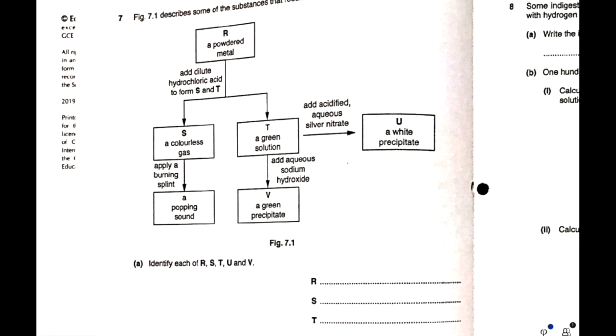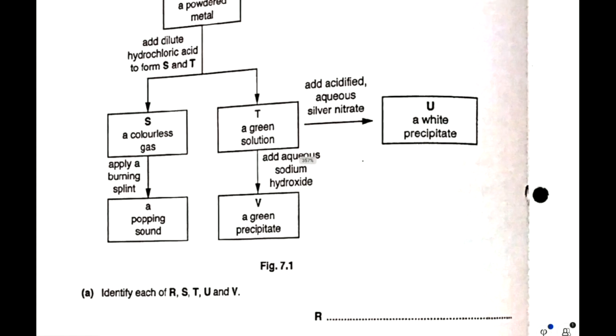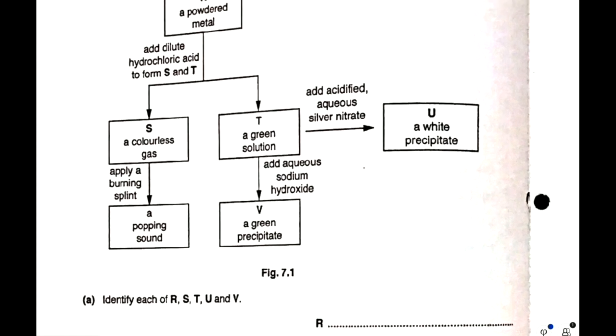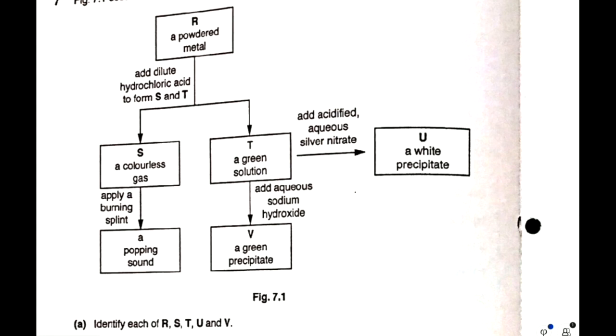What are R, S, T, U, V? Dilute hydrochloric acid plus powder R forms S and T. So acid plus metal, what do we get? Salt plus hydrogen gas.